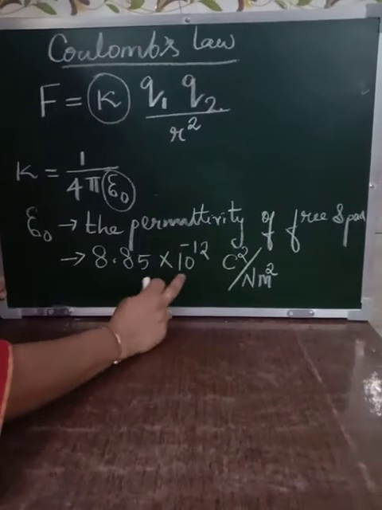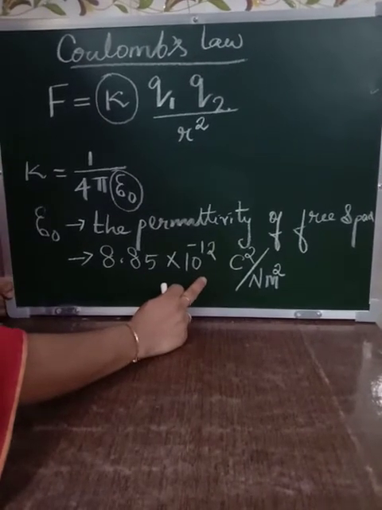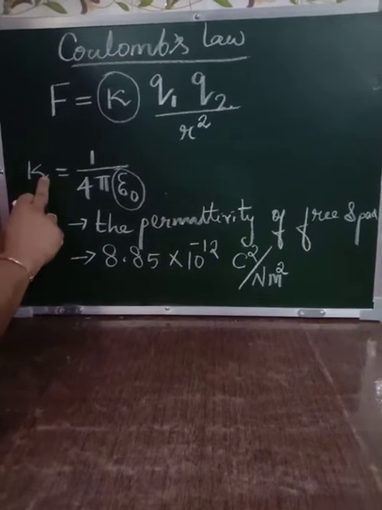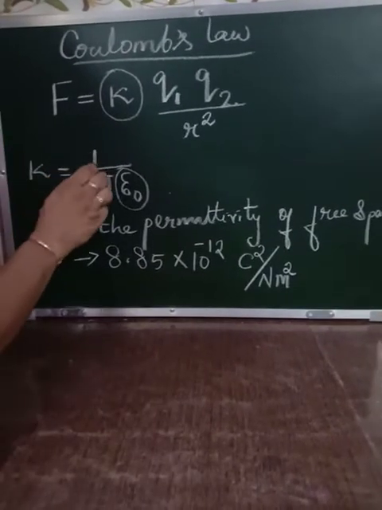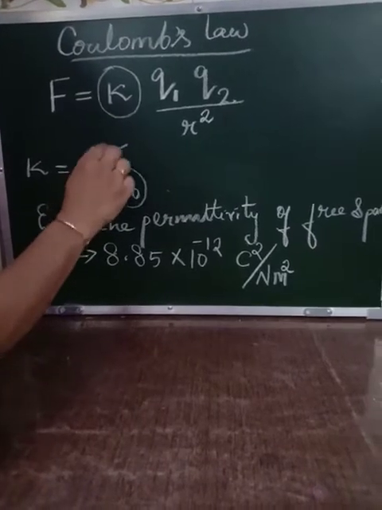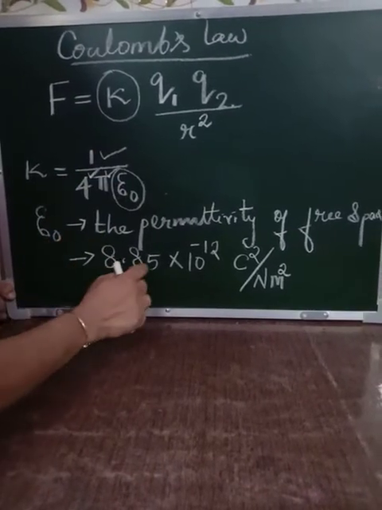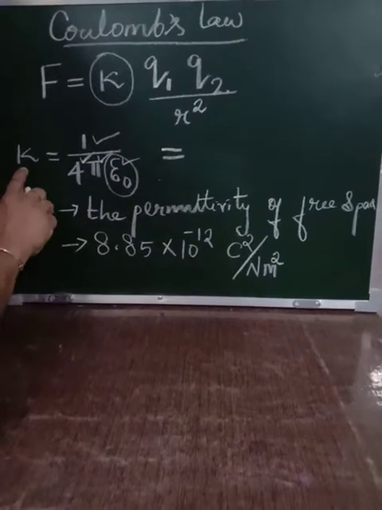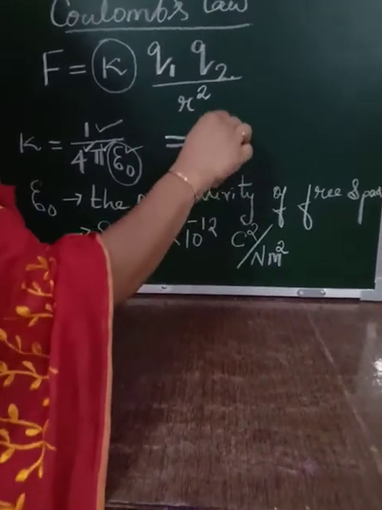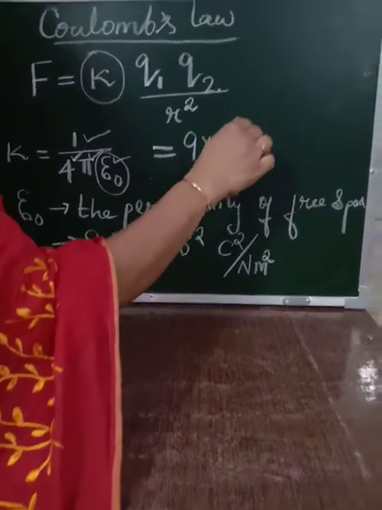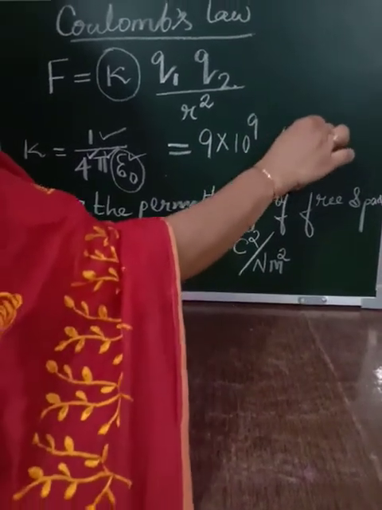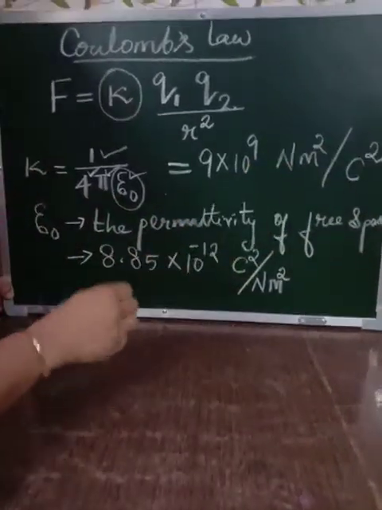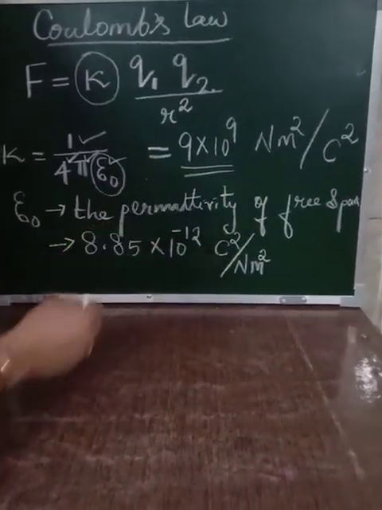Now, when we put this value in this k, here we know that 1 is constant, 4 is constant, pi is constant, and when we put this constant here, we will get the value of k as 9 into 10 raised to 9 Newton meter square per Coulomb square. This is the value of k.